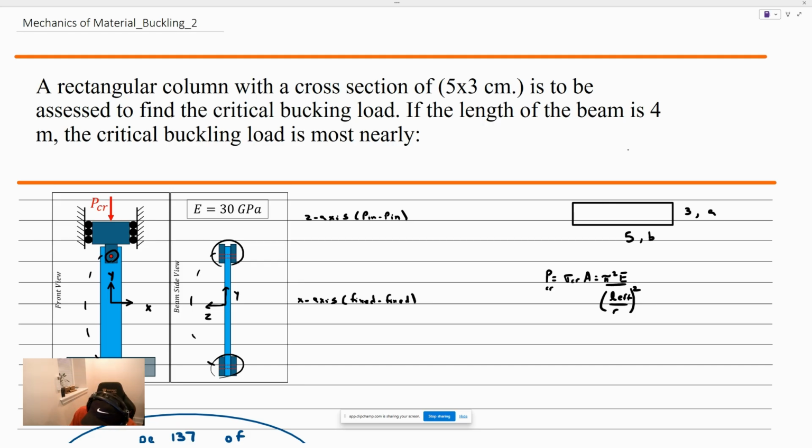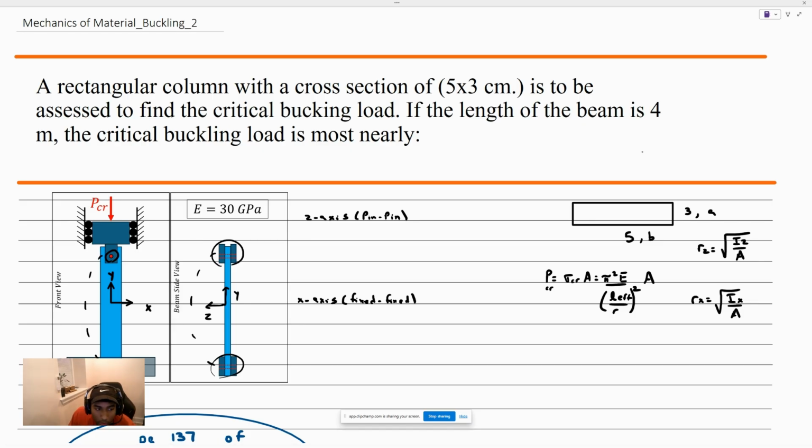We take that entire term, the critical buckling stress, multiply it by the area to find the critical buckling load. What's going to be of interest to us is Rz, which is just the square root of Iz over A, as well as Rx, which is the square root of Ix over A.